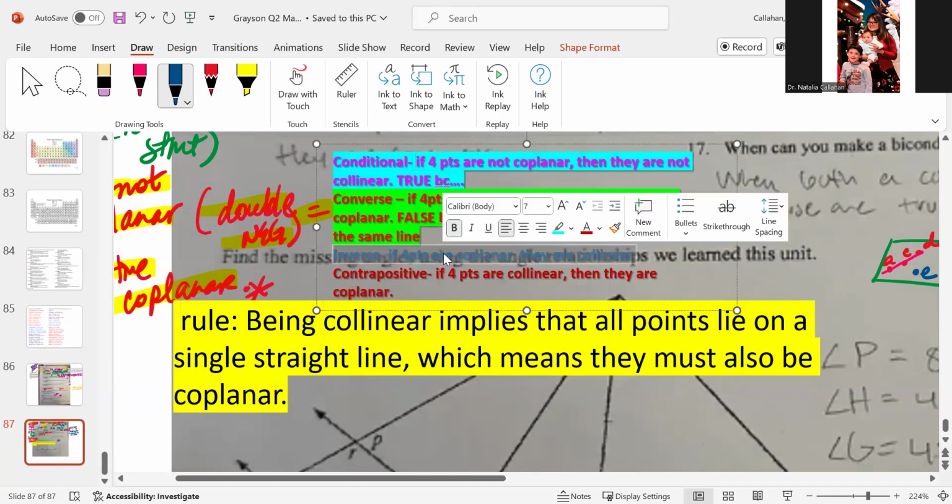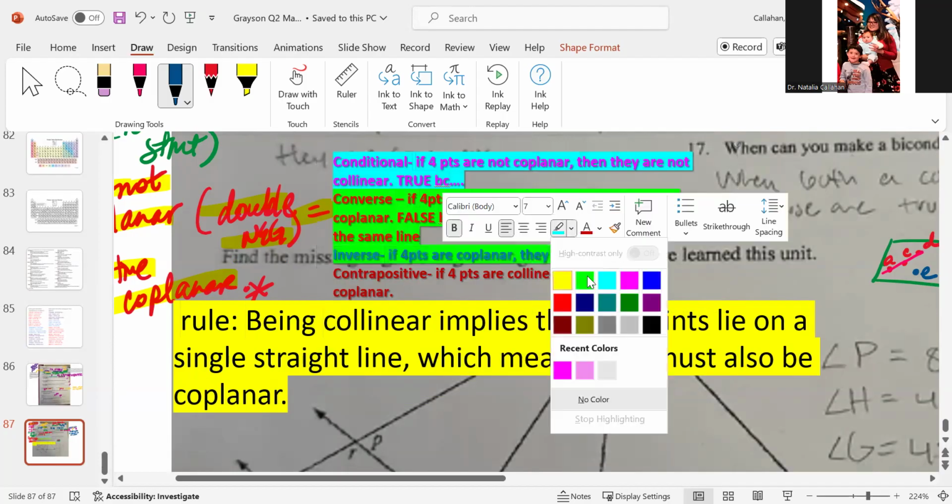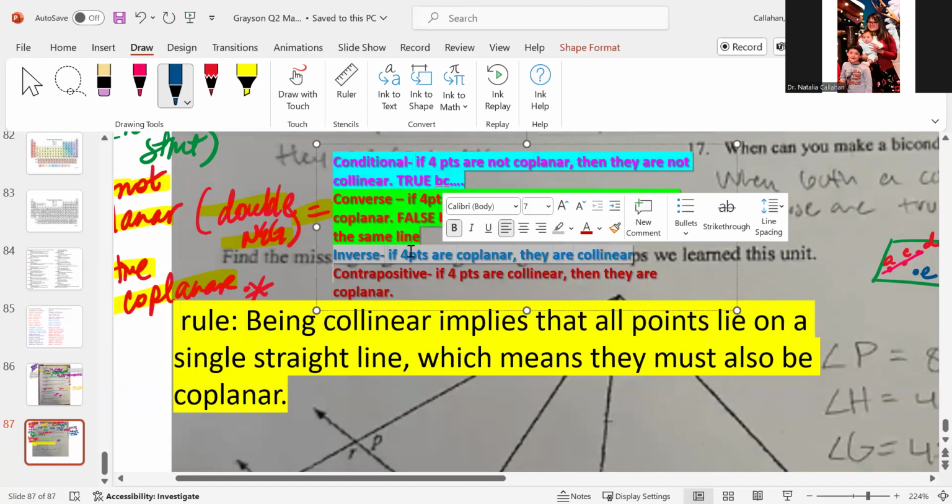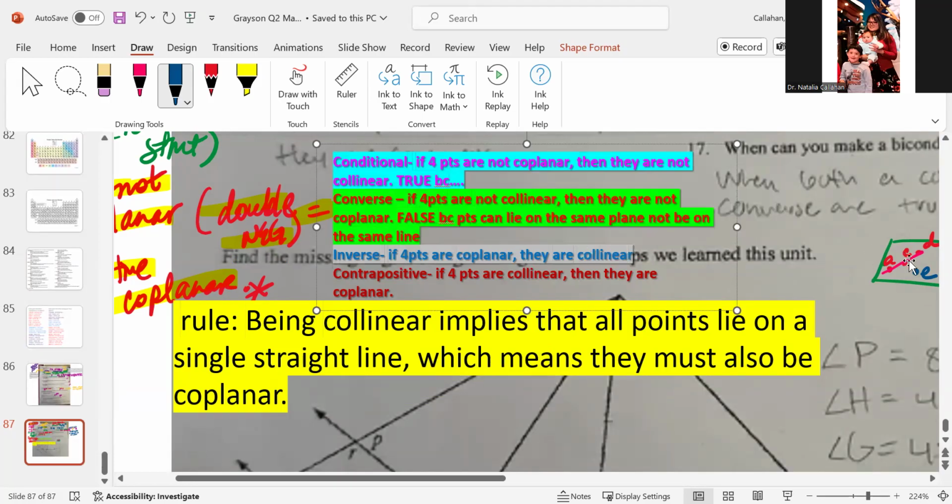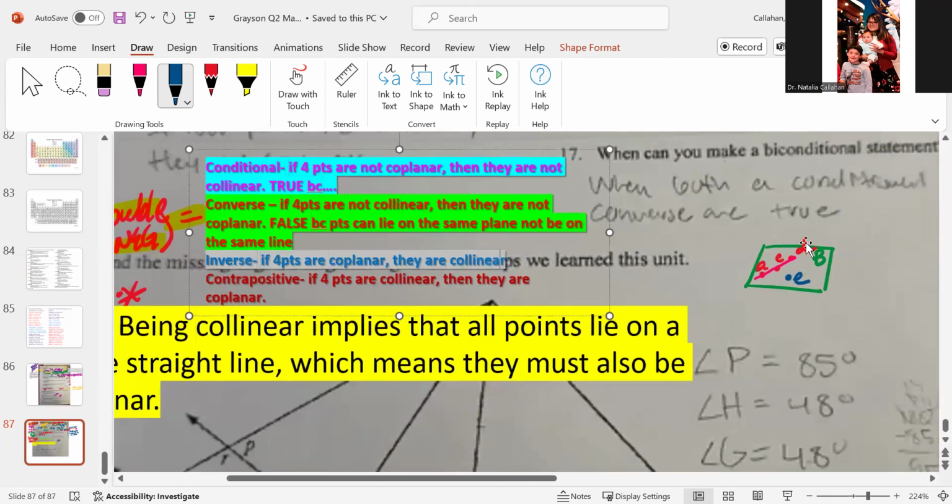All right, what did you say for the next one? Inverse. I said true. If 4 points are on the same plane, that's false. 4 points can be on the same plane, but they don't have to be on the same line. Look at the picture. Do you see how A, B, D, E are on the same plane? Do they have to be on the same line?